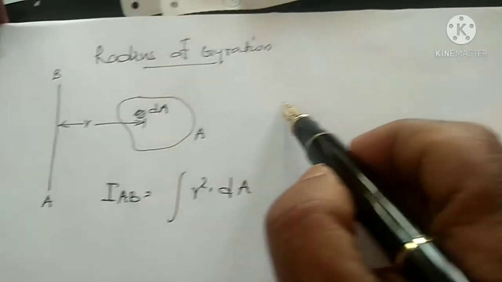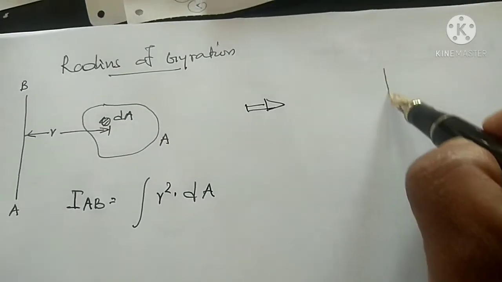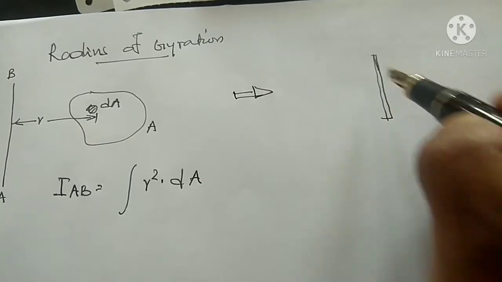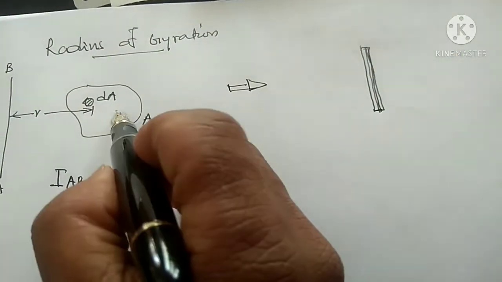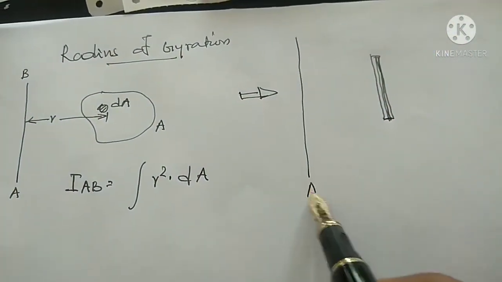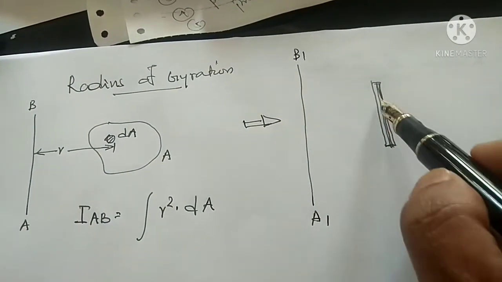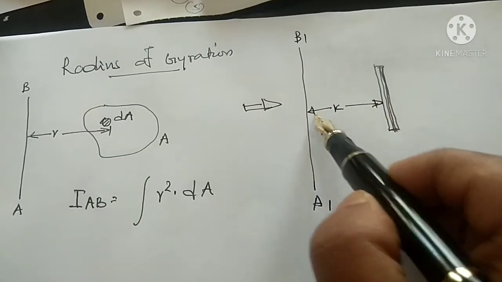Suppose we are considering that area as a small strip, with a new reference axis A1B1, and this small strip is at a distance K from the reference axis.